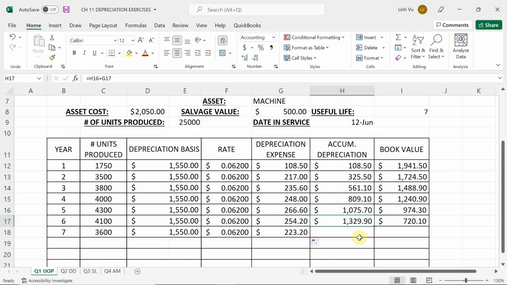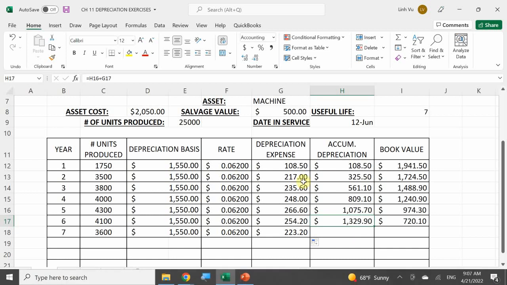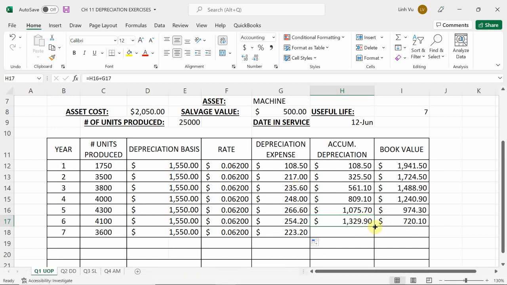139.90 add 223.20. I got 363.1. No, it's 1553.1.